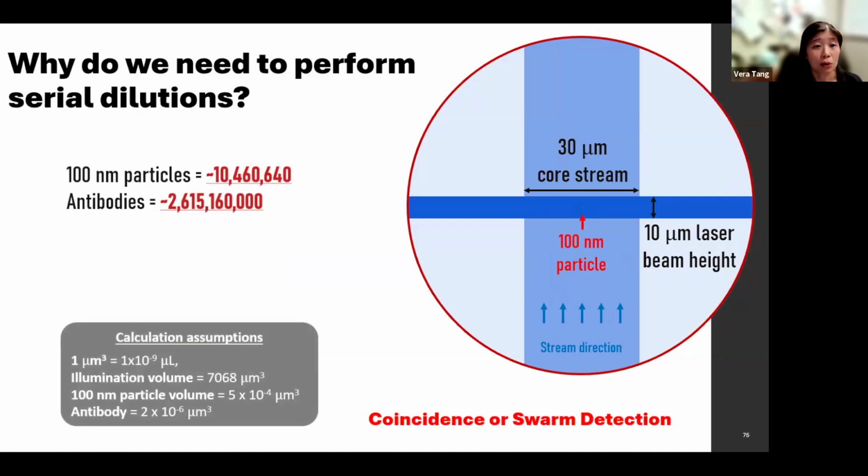And when we're talking about how much space there is in this 10 micron laser beam, with some back of the napkin calculations and some minor assumptions, essentially you can detect a lot of these particles in that interrogation space right there. And with respect to antibodies, you can fit even more of them because they are definitely a little bit smaller in some cases than the EVs of interest.